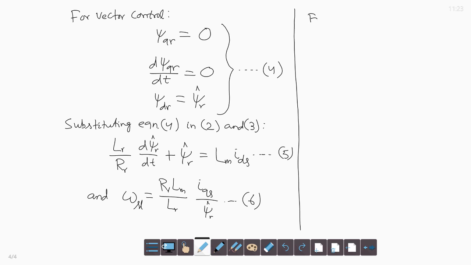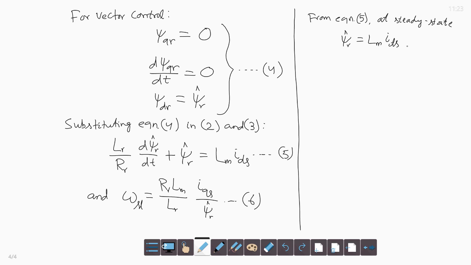From equation 5, at steady state condition, psi r hat equals Lm into Ids.